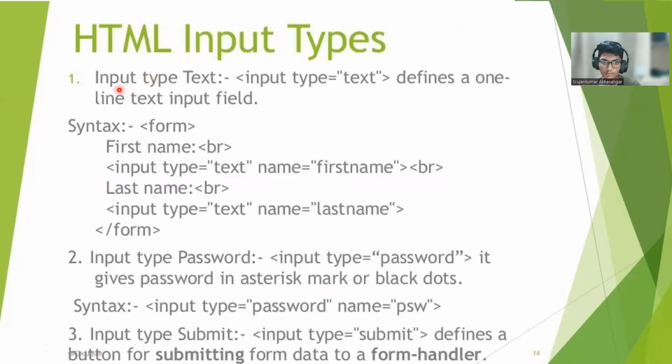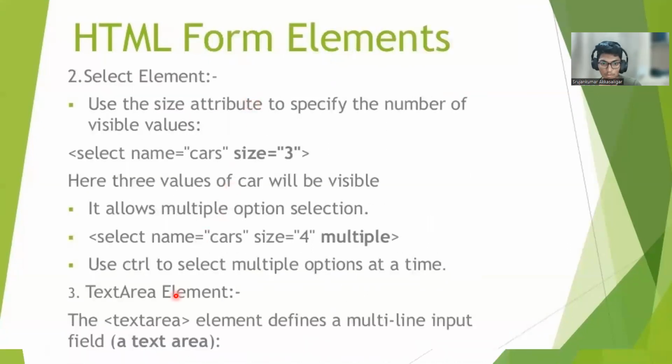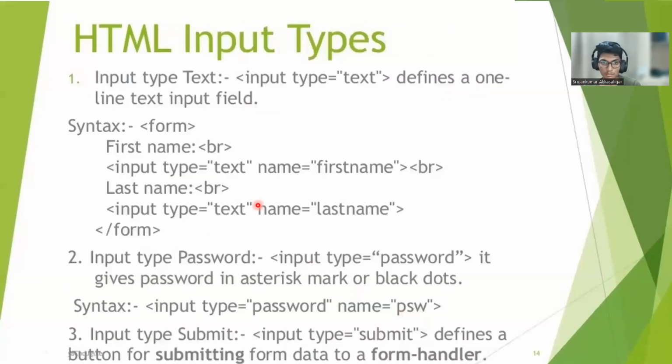Then input type text. Input type text defines a one-line text input field. Textarea takes multiple-line input, whereas text takes only one line of text input. Here is the syntax.